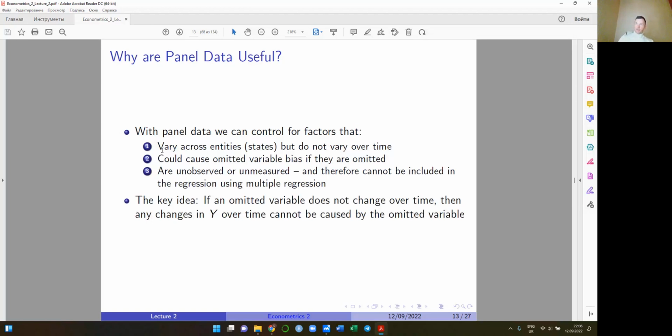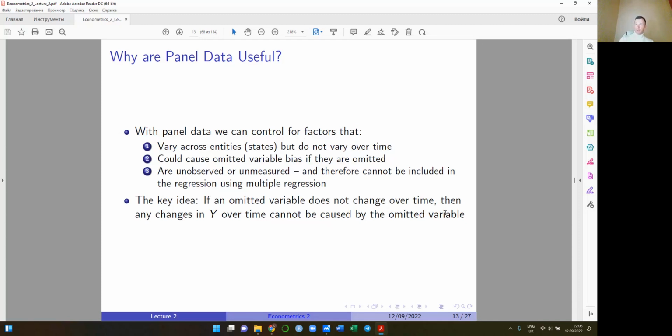So the key idea of working with the panel data is, if this omitted variable does not change over time, so this is important, they must vary over entities, but they allegedly do not vary over time.